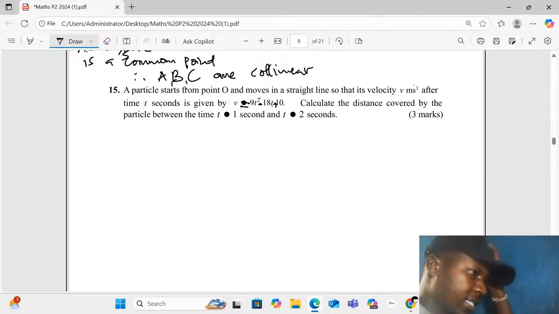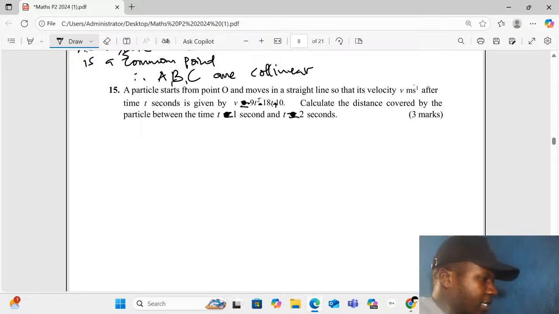Now calculate the distance moved by the particle between t equals 1 second and t equals 2 seconds.